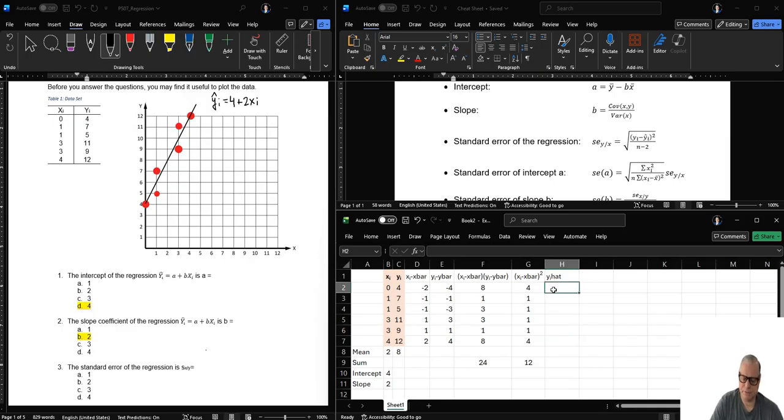So the predicted value is equal to 4, because that's the intercept, plus 2 times, I could also navigate to the intercept and to the slope, and F4 it.